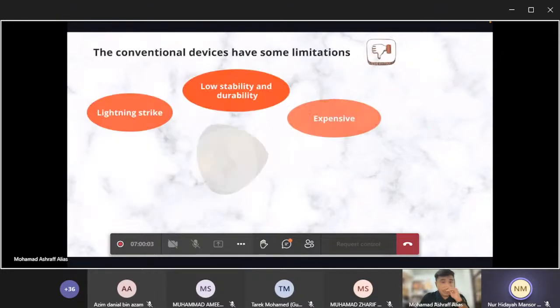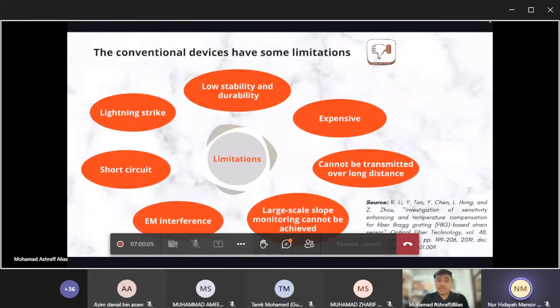However, conventional devices have some limitations: they are expensive, cannot transmit over long distances, and are prone to lightning strikes. Because they are electrical and electronic based, they might have short circuit problems. They are not immune to EMI, electromagnetic interference, and large-scale monitoring cannot be achieved.